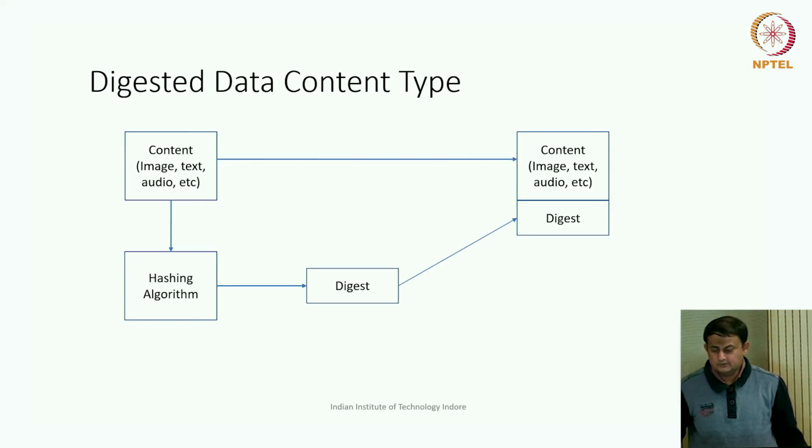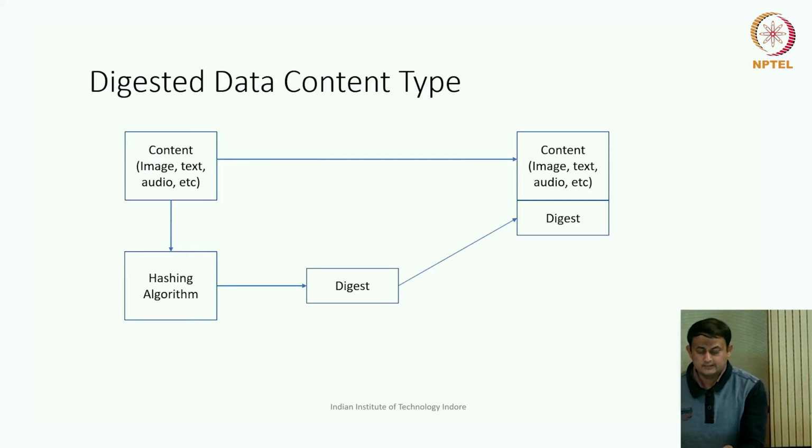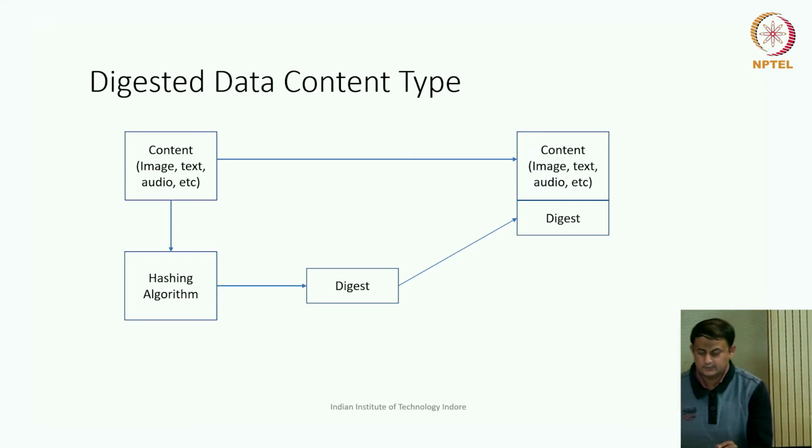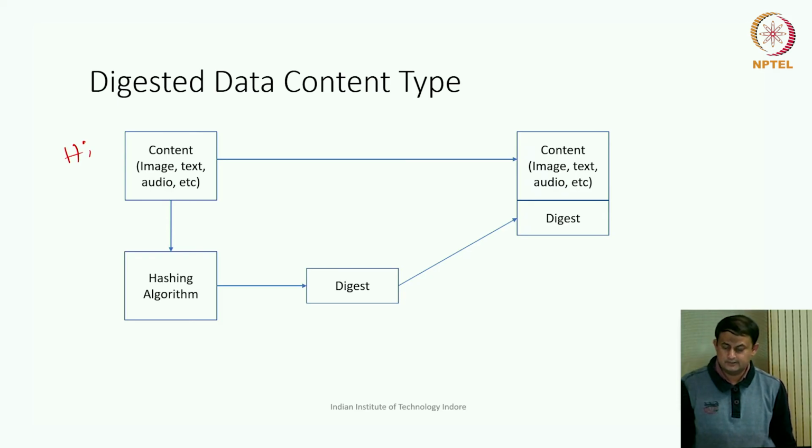Let's assume I have the email content. That could be an image, text, audio, or any other file type you can think of that can go as part of the email. In the digested content type, I pass this into an algorithm. Let's say, for the sake of this example, my message is "hi", the content of the email.